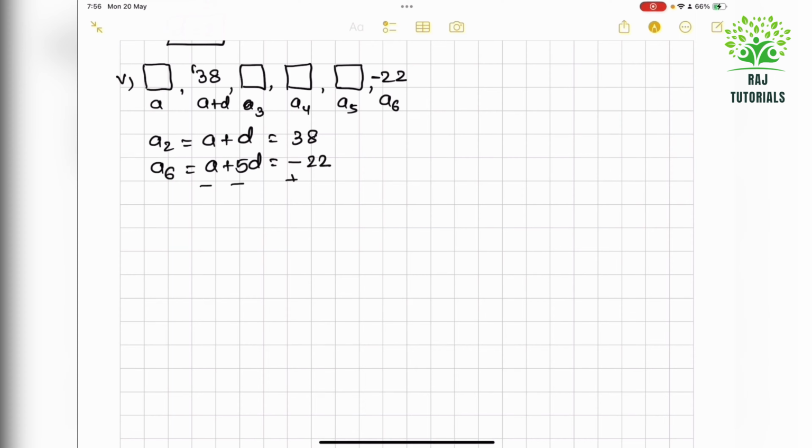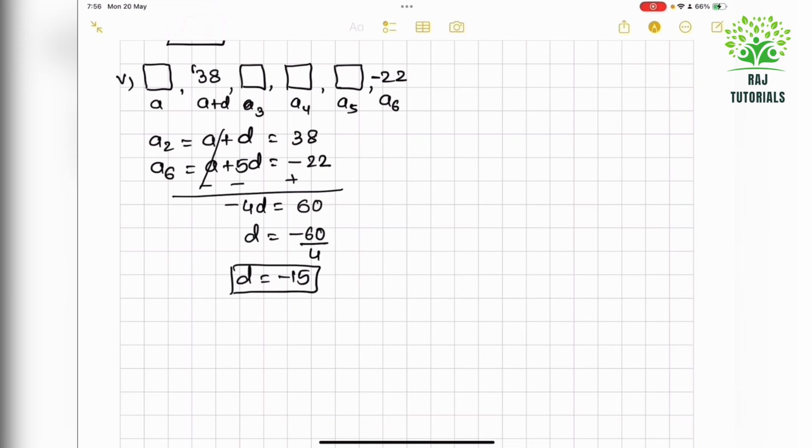So if I do elimination method here, A got cut, minus 4D equal to 38 plus 22 will happen. So 38 plus 22 will be 60. So D will be minus 60 by 4. So D will be minus 15.